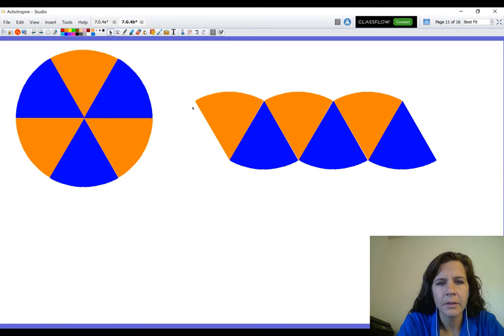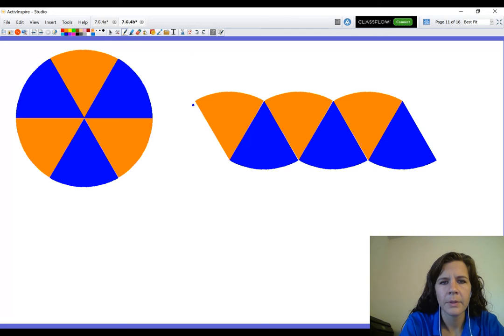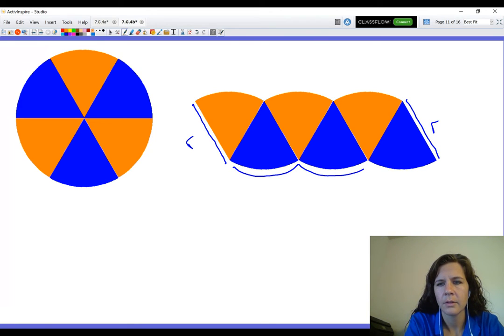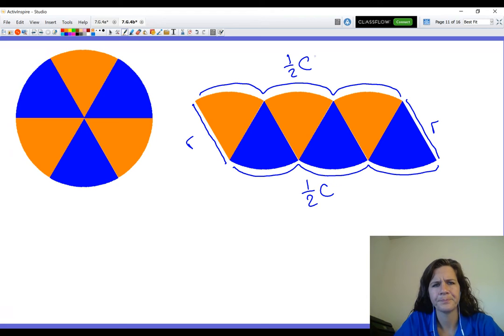But this piece right here is still a radius. This edge over here is still a radius. This is still 1/2 the circumference. This is still 1/2 the circumference.